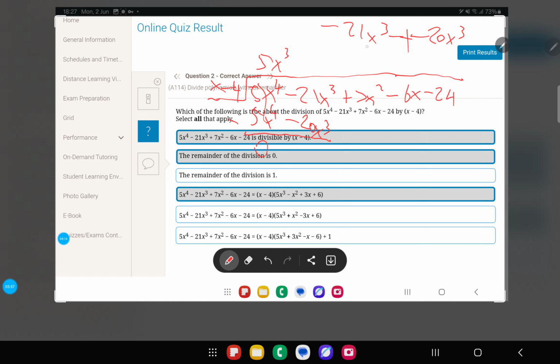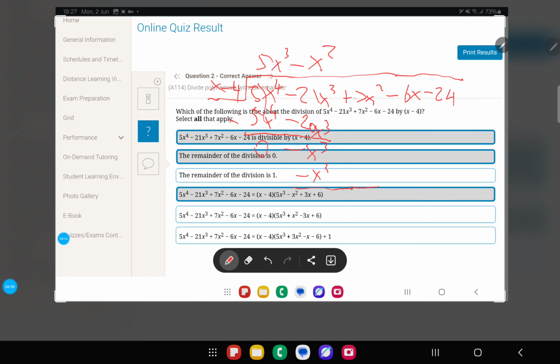So negative 21x cubed plus 20x cubed is going to be negative x cubed. Now we're going to divide negative x cubed by x, so we get negative x squared. Now negative x squared times x is going to be negative x cubed.